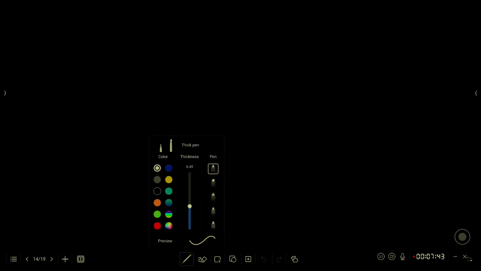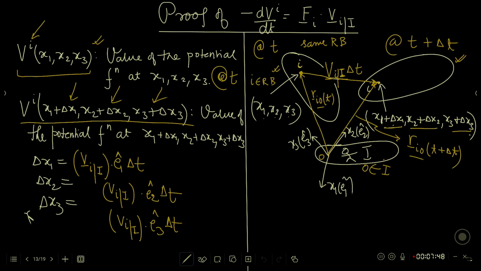Now if we wish to relate the work done by this conservative force to the change in potential function, I will write delta Vi, which is what?